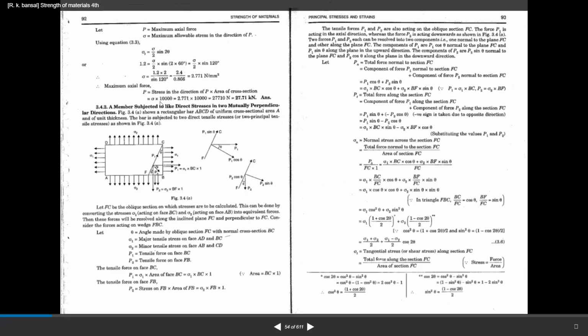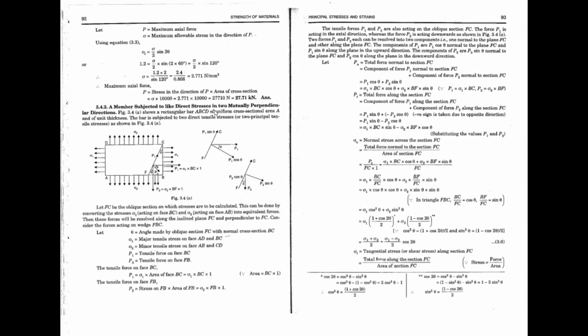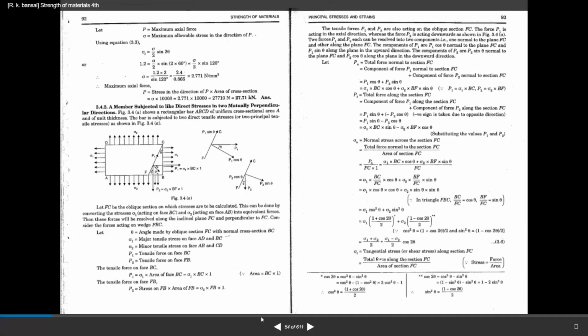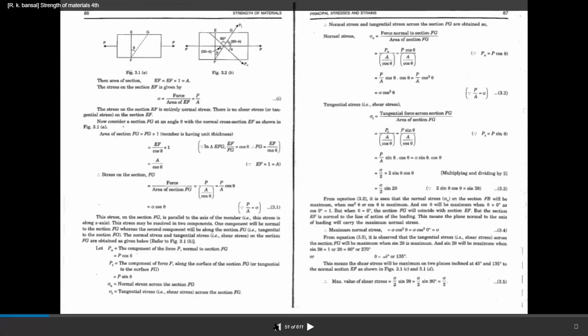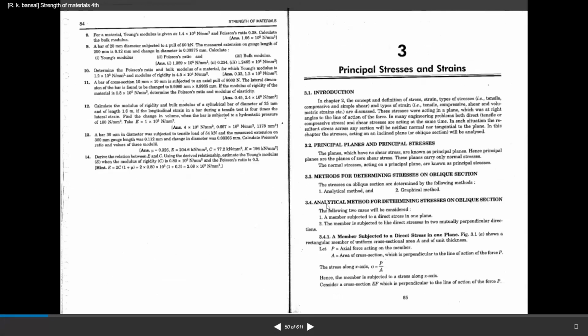Section 3.4.2: a member subjected to like direct stresses in two mutually perpendicular directions. This is the analytical methodology for determining stresses on an oblique section.